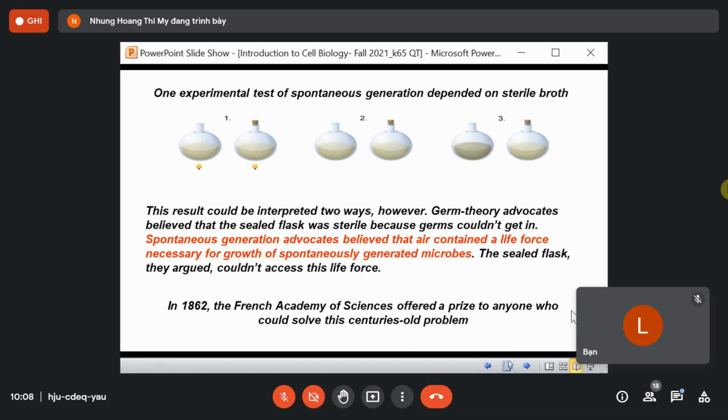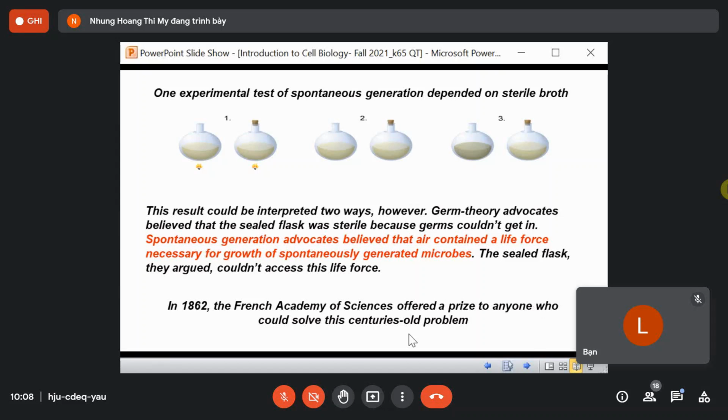Now we can smile about that, but at that moment it was a serious problem to prove where cells come from. And then one scientist discovered the way to answer the question, and this scientist also belonged to the germ theory, and he set up one type of experiment to prove that cells come from pre-existing cells.